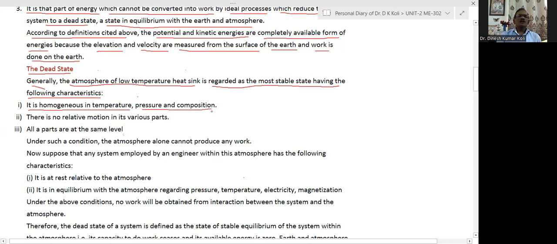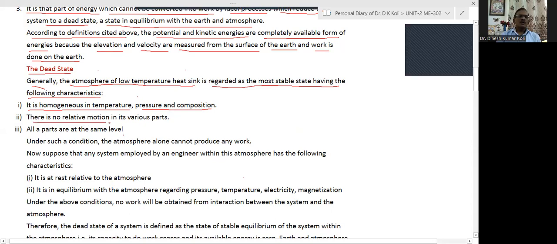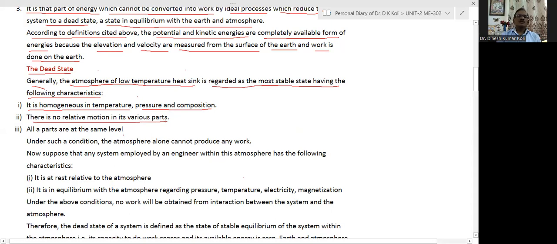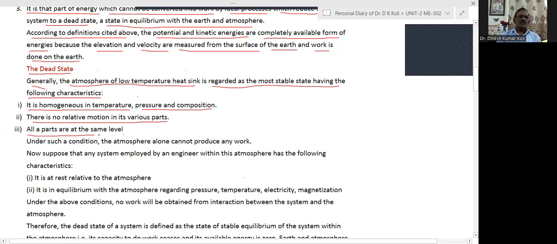It means we can assume that the temperature is constant over the surface, the pressure is constant at 1 atmosphere, and the composition of the atmospheric air is also constant. There is no relative motion in its various parts. All parts are at the same level.